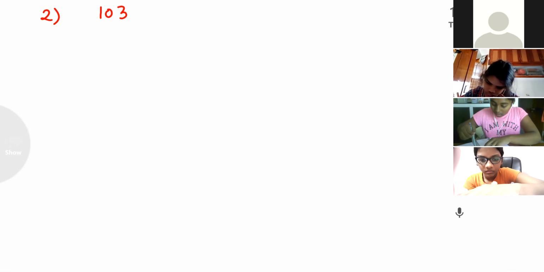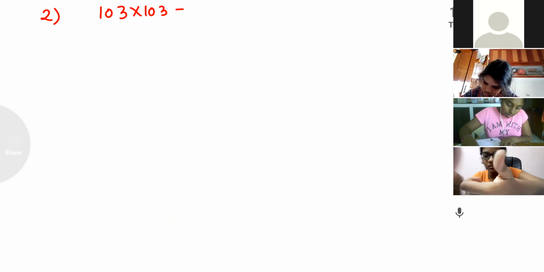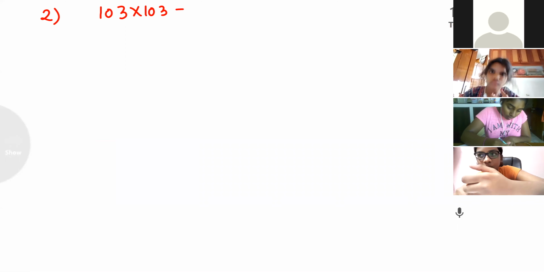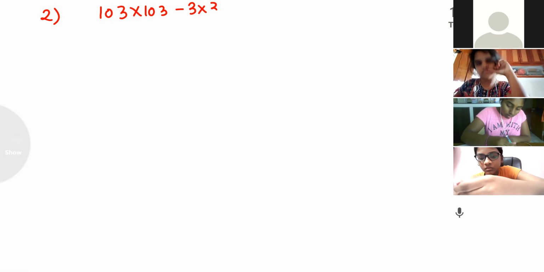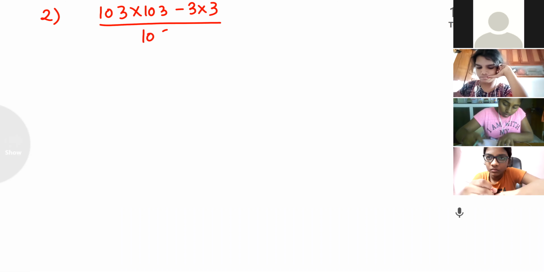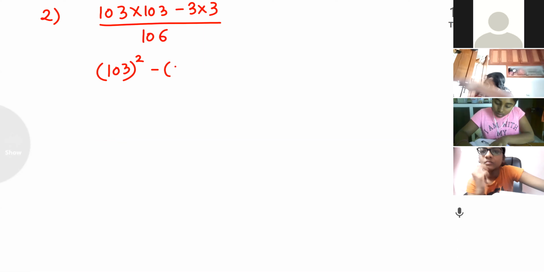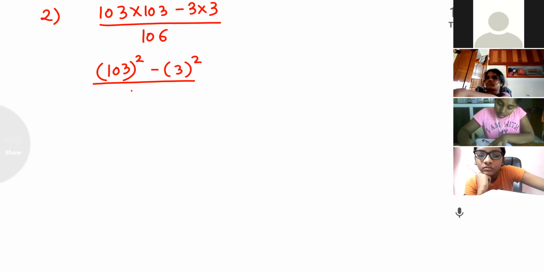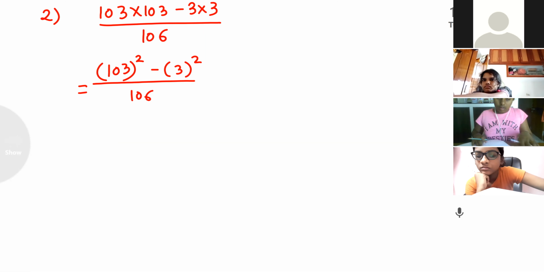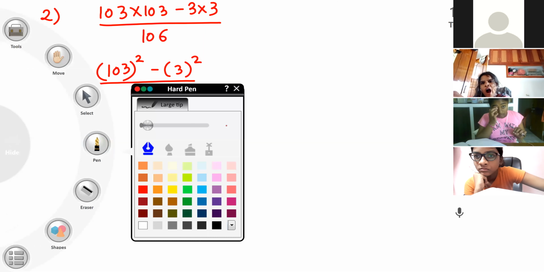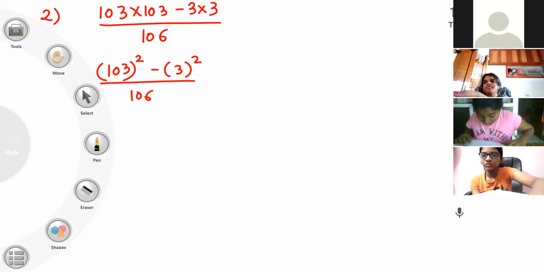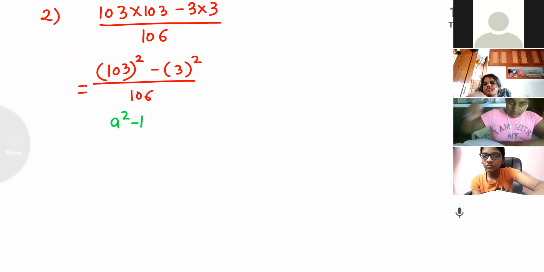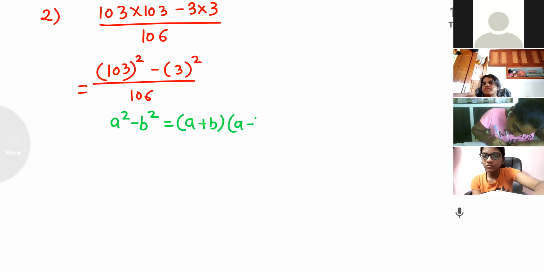103 into 103 minus 3 into 3 whole divided by 106. I have written here 103 whole square minus 3 whole square divided by 106. It is looking like a square minus b square in numerator. I want to apply identity. A square minus b square is equal to a plus b into a minus b. The value of a is 103.